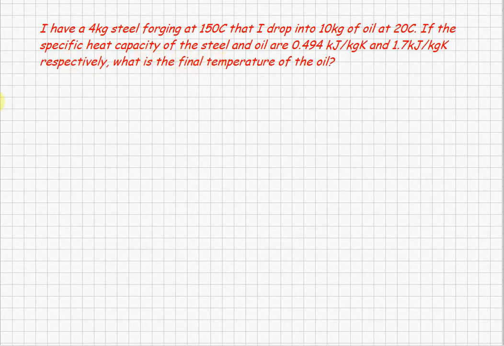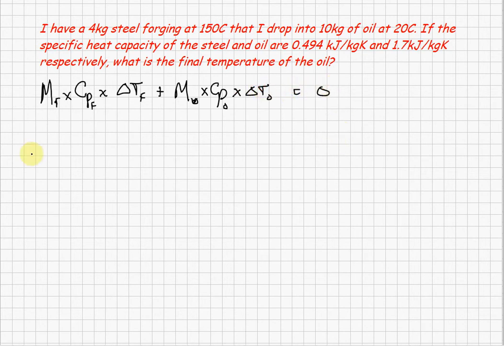So once again, let's just do this. The mass of the forging times the specific heat capacity of the forging times the delta T of the forging plus the mass of the oil times the specific heat capacity of the oil times delta T of the oil has to be equal to 0.